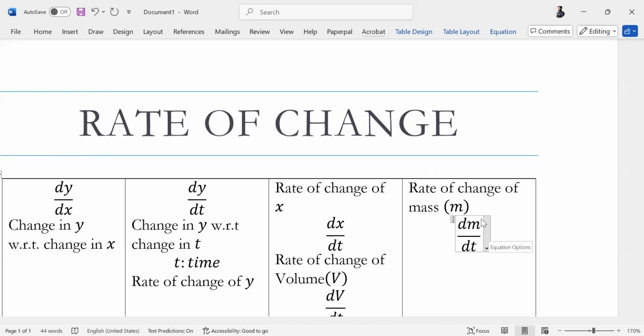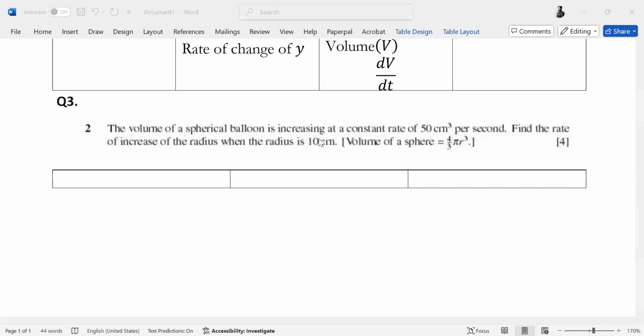Okay. Now we'll reinforce the idea of the chain rule as well. अच्छा, दो तीन चीजें मैं जो इसके साथ I'll tell you. Please pay very close attention. अभी even if it's not important in this question, आगे जाके it will become important. The volume of a spherical balloon is increasing at a constant rate of 50 centimeter cube per second. So if something is increasing, the rate of change will always be positive.